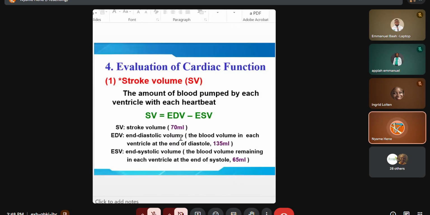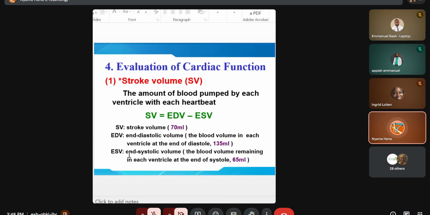End diastolic volume is the blood volume in each ventricle at the end of a diastole. At the end of a diastole, the heart is relaxed and receiving the blood, and that volume is called the end diastolic volume.